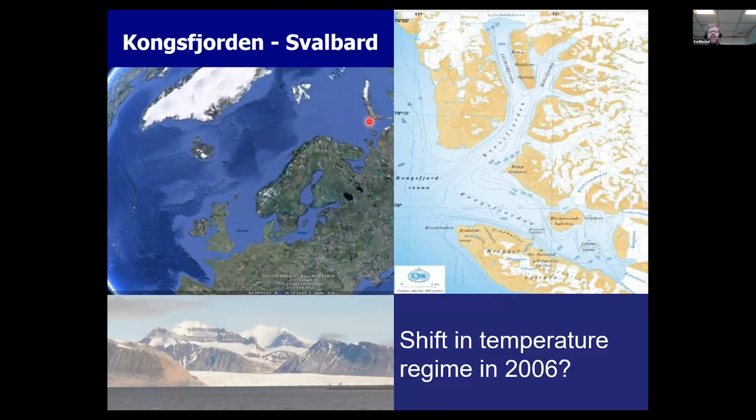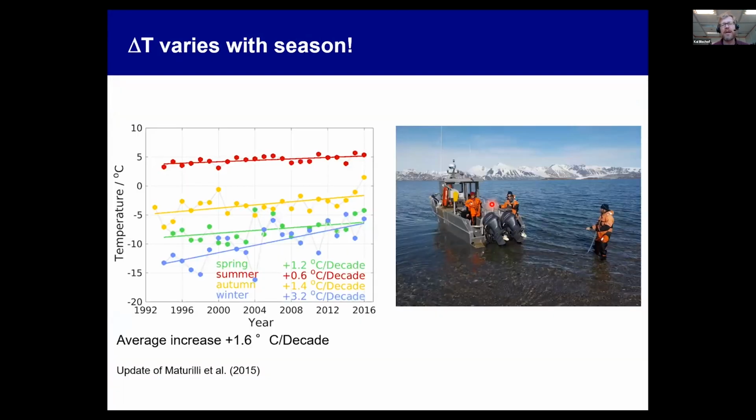Our study site is Kongsfjorden. Jan Marcin has introduced you to the Kongsfjorden system already. And this system is said to have undergone a shift in temperature regime in the year 2006. We can see that the temperature is increasing at Kongsfjorden in Ny-Ålesund. This is atmospheric temperature.